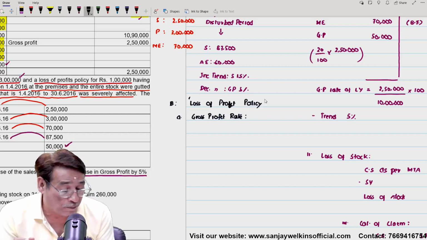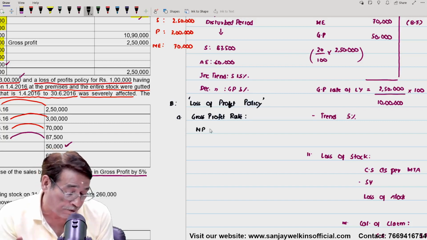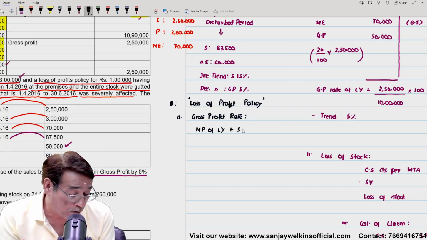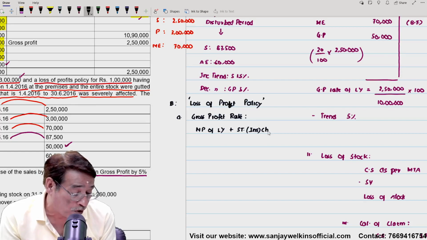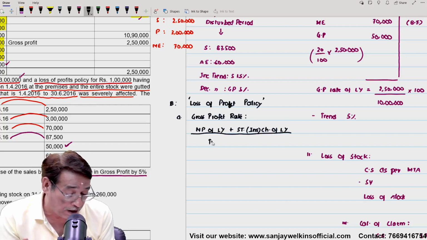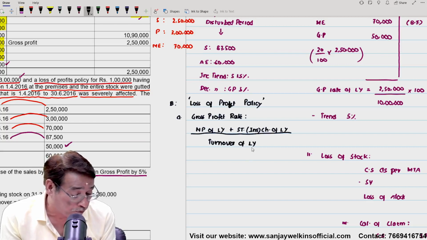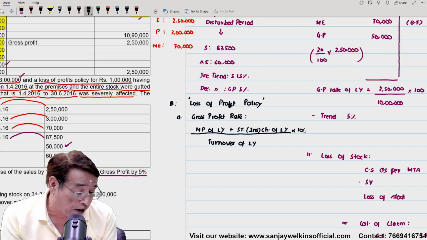However, for loss of profit policy, when we compute the gross profit rate, we take net profit of last year plus only insured standing charges of last year, and then we divide it by turnover of last year and multiply it by 100.